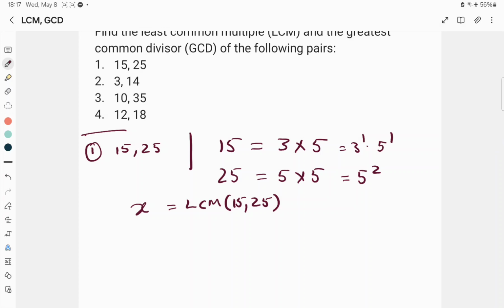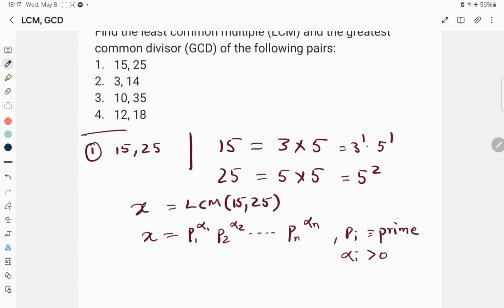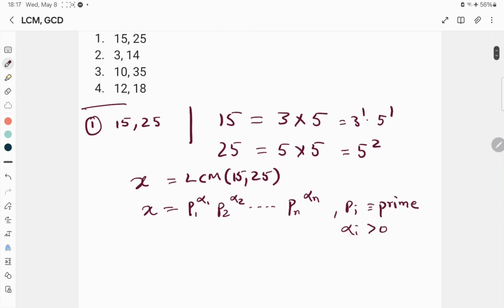So if x has a prime factorization, let's say x is equal to p1 raised to alpha 1, p2 raised to alpha 2, whatever, pn raised to alpha n, where pi's are primes and alpha i's are numbers greater than 0, then this prime factorization has to have a 3, because if x is not divisible by 3, it will not be divisible by 15.